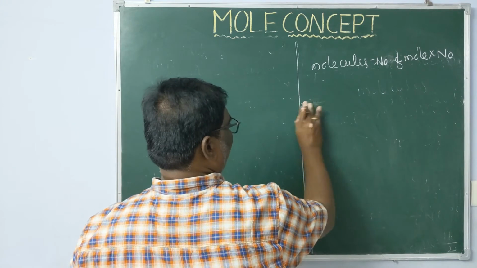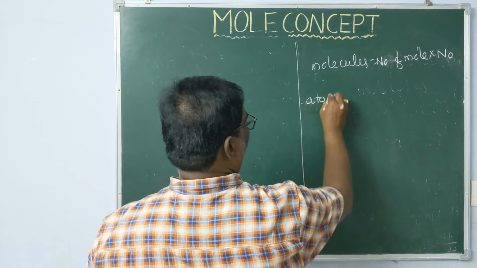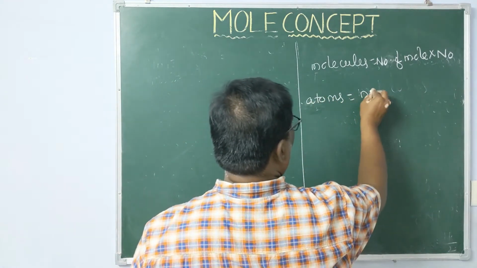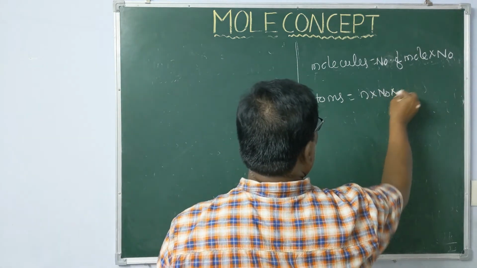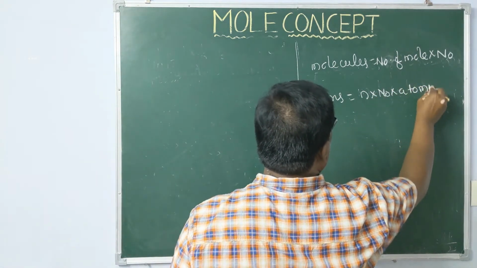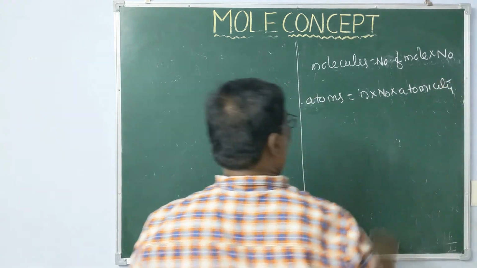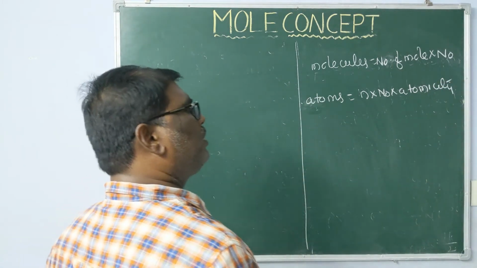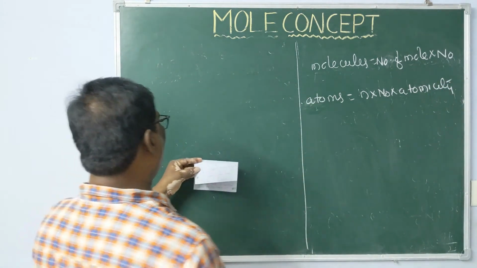Now this time we use the formula for atoms. Atoms is equal to moles into Avogadro number into atomicity. Atomicity means total number of atoms in one molecule.